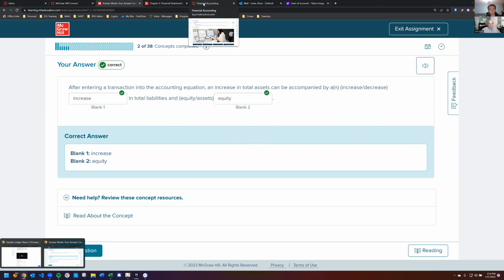Not really. I mean, it falls into equity, yes, but it rolls into equity as retained earnings. Revenue is not an equity account because equity is a balance sheet account and revenue is an income statement account. It just gets closed out to retained earnings, which is an equity account.